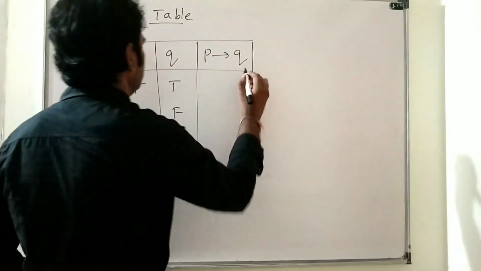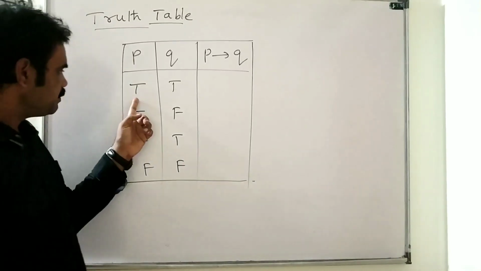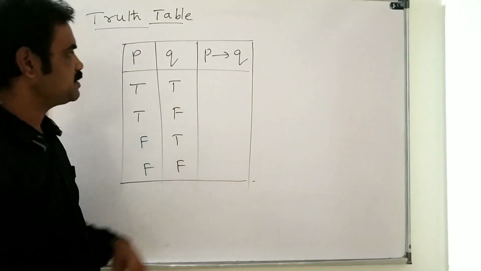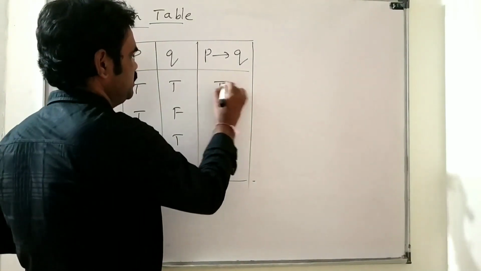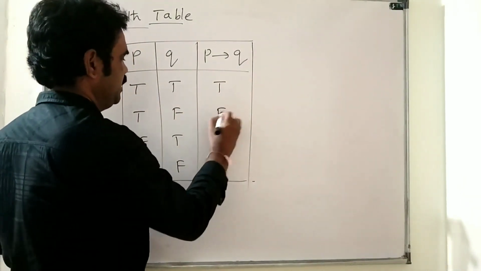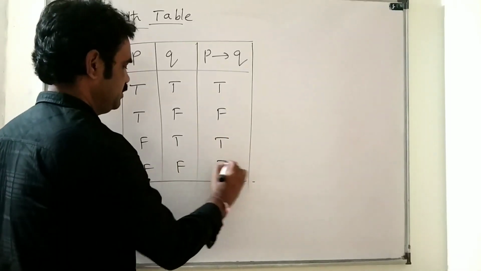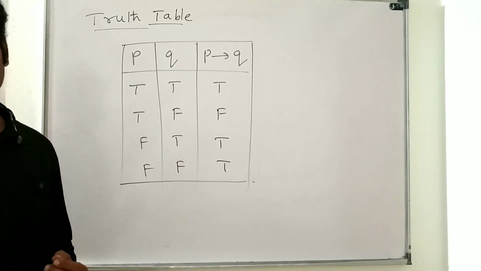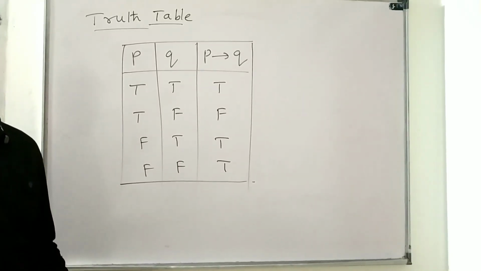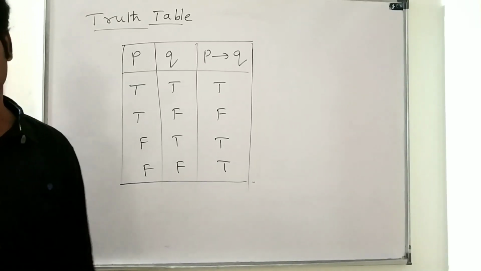And you know that implication is false when the first statement is true and the second statement is false. Now TT implies T, TF, F, FT, T, FF, T. Understand? Implication is false only when P is true and Q is false. That means a true statement cannot give a false statement.